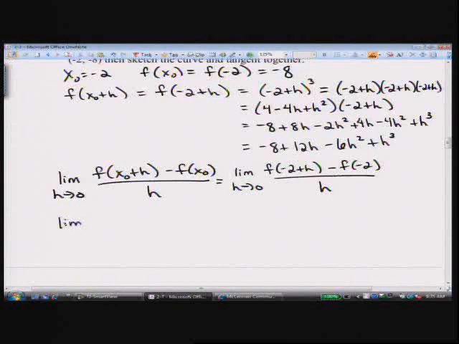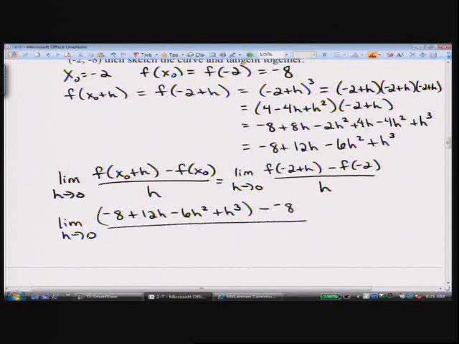Well, the limit as h goes to 0 of f of -2 plus h is all of this stuff right here, which is -8 plus 12h minus 6h squared plus h cubed. And that's your f of -2 plus h. F of -2 is -8, and that's all going to be divided by h. So just a bunch of algebra.